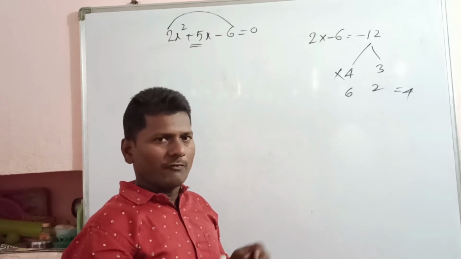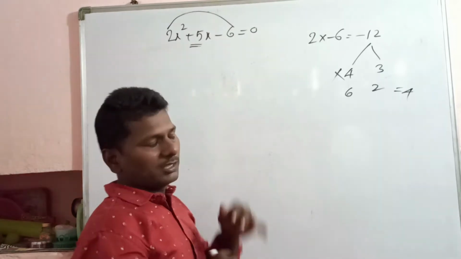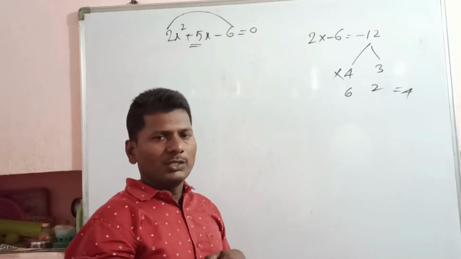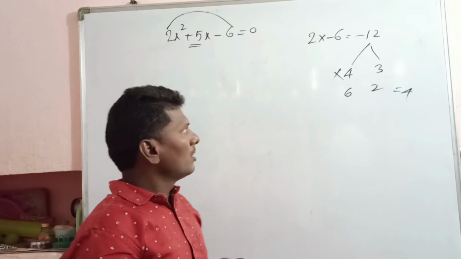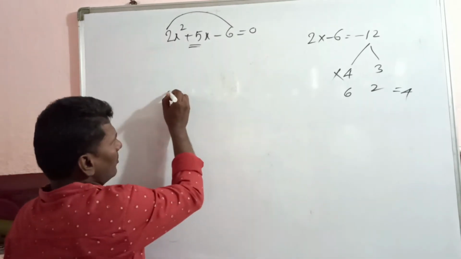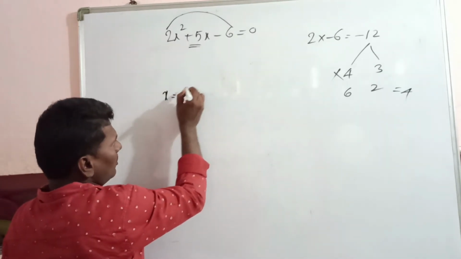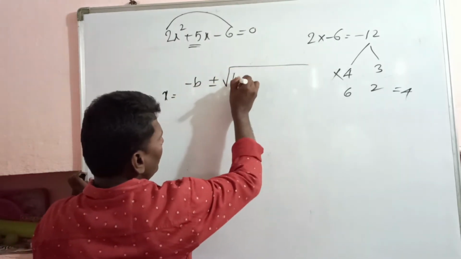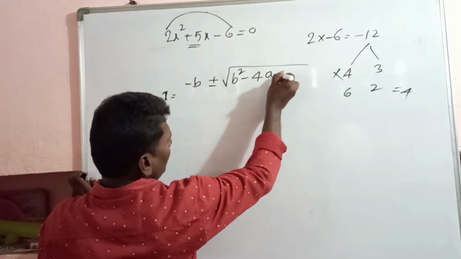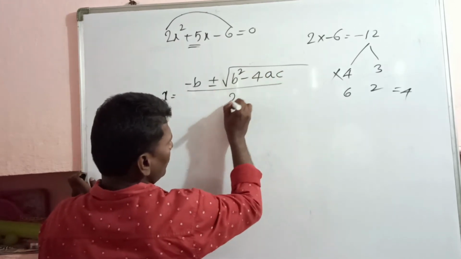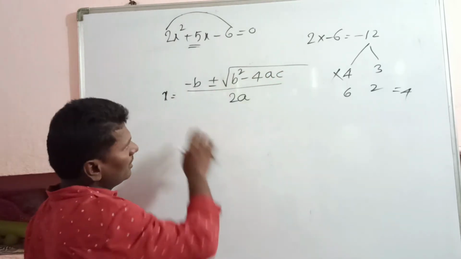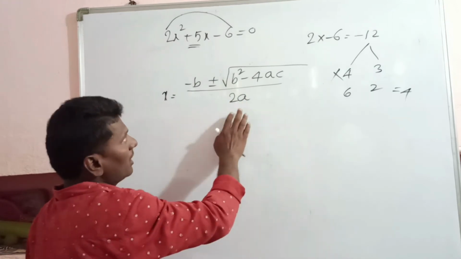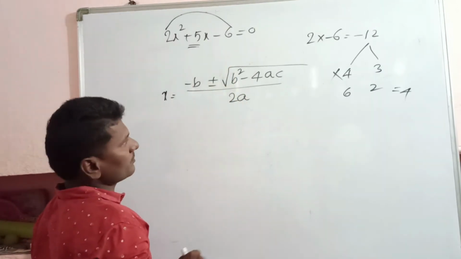Now let us find solutions for this quadratic equation using formula method. Here we know x is equal to minus b plus or minus square root of b square minus 4ac by 2a. Using this formula, you can get solutions.